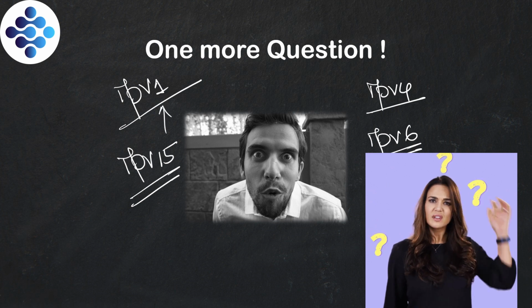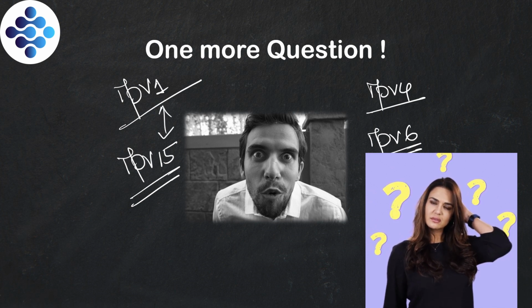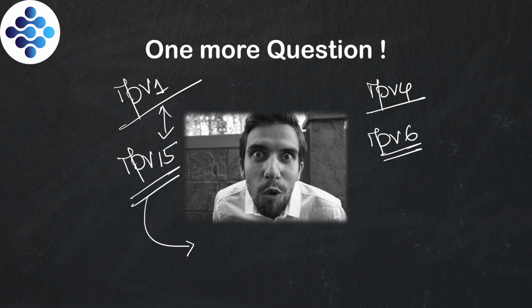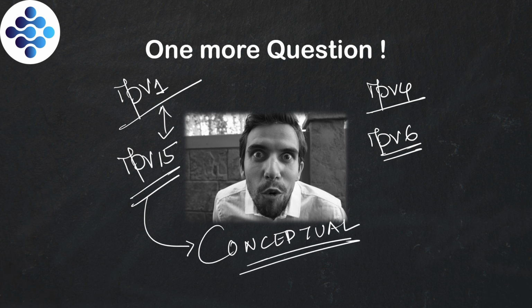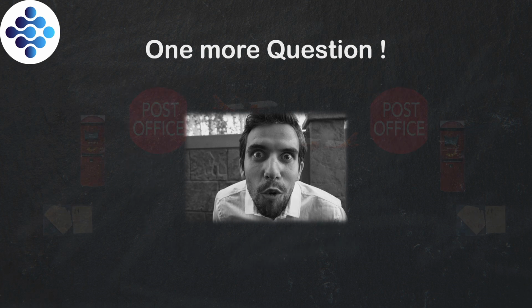And we'll talk about IPv1 to v15. The importance of it is the conceptual understanding of networking, which is made absolutely clear once we start our journey from v1 and go all the way to 15, and trust me, it is very interesting.